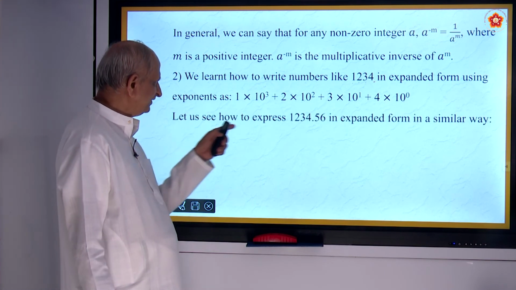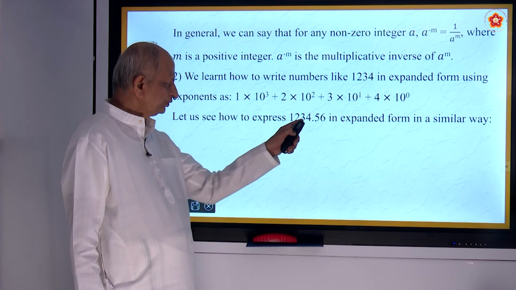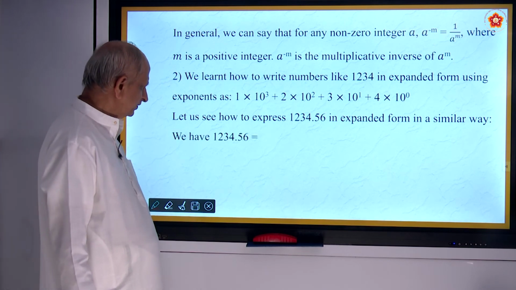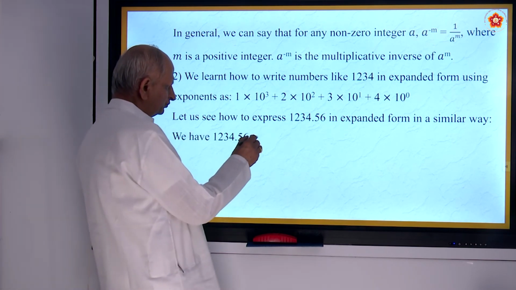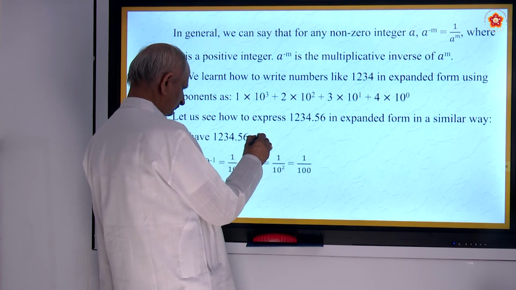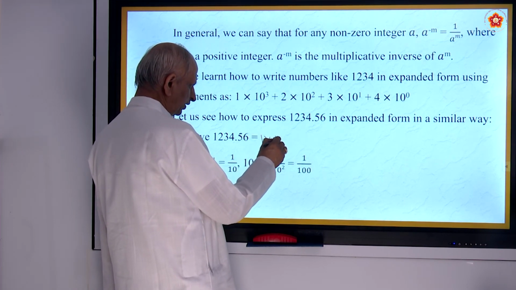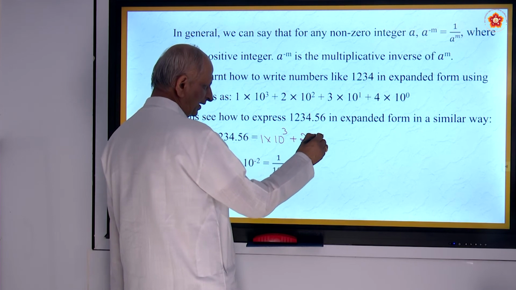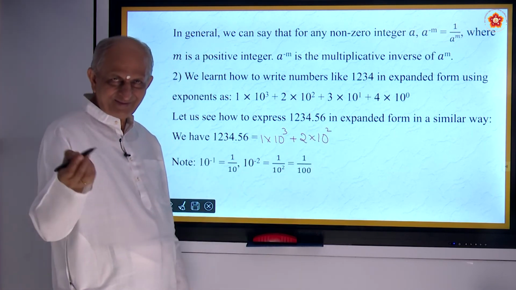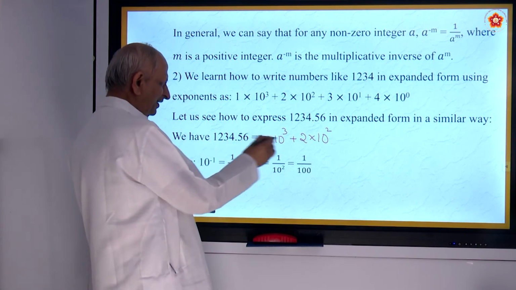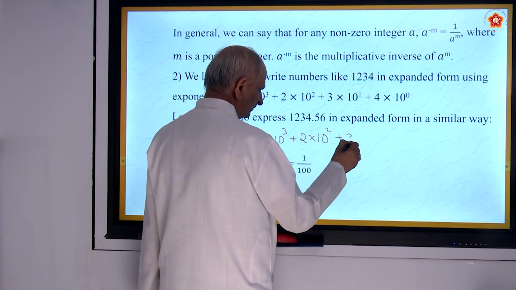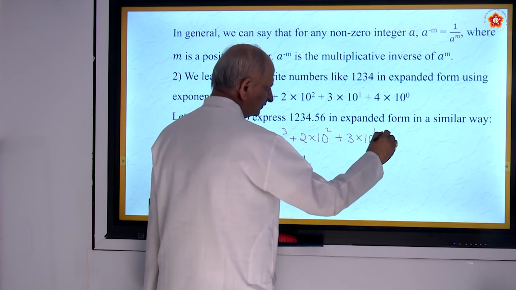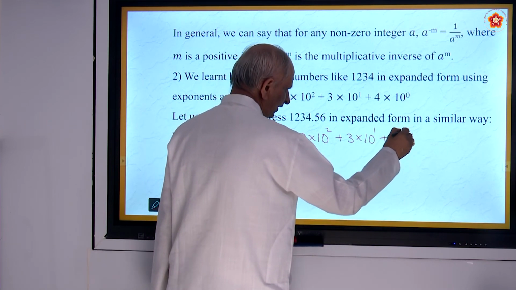Like that, suppose you have a decimal here, 1234.56. How do you write it? This can be written as 1 into 10 cube, because it is the 1000 place, plus 2 into 10 square, this is the 100 place, then 3 into 10, the tens place, then 4 into the units place, that is 10 to the power of 0.